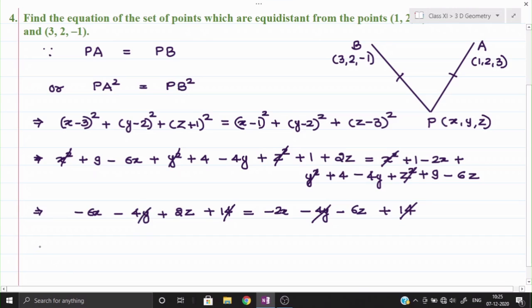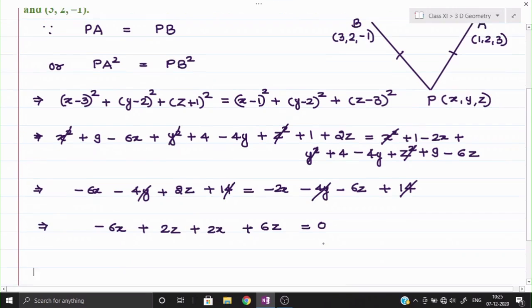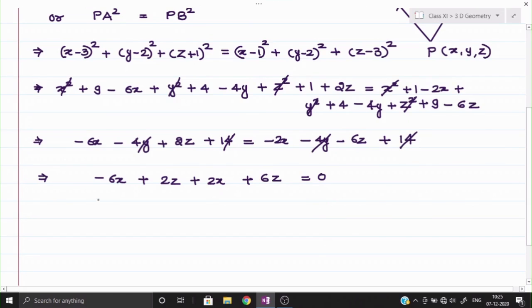So now we can bring the two terms to this side: minus 6x plus 2z plus 2x and plus 6z is equal to 0. Now further, minus 6x plus 2x will be minus 4x and plus 8z is equal to 0.